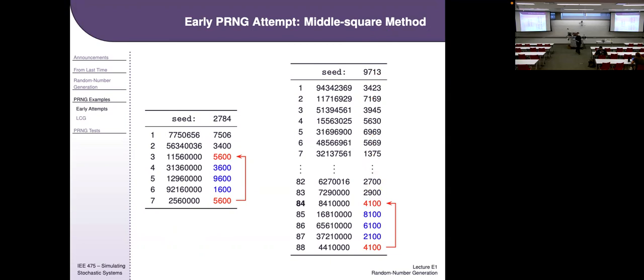There's no cycles, things are bouncing around, they're pretty uniformly distributed. But then suddenly out of nowhere, you get into this short cycle where you hit 4,100, and then you get stuck: 4,100, 8,100, 6,100, 2,100, back to 4,100. So these little cycles can occur way down the line. You can have these long transients that convince you that you've made a good choice, but then actually you didn't make a good choice.